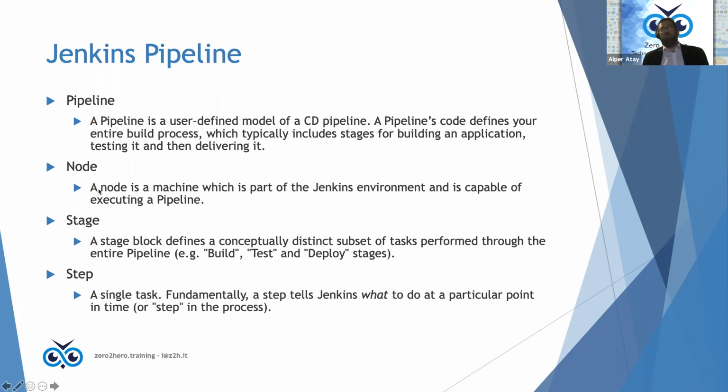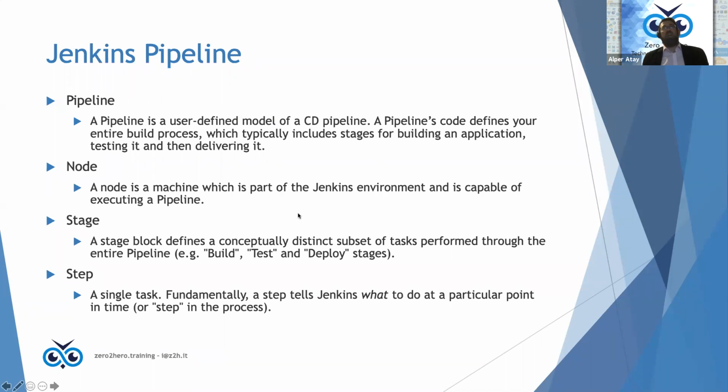It depends on nodes, stages, and steps. So a node is a machine which is part of Jenkins environment that is capable of executing a pipeline. So it could be an executor, or it could be a Jenkins slave server. It could be both.